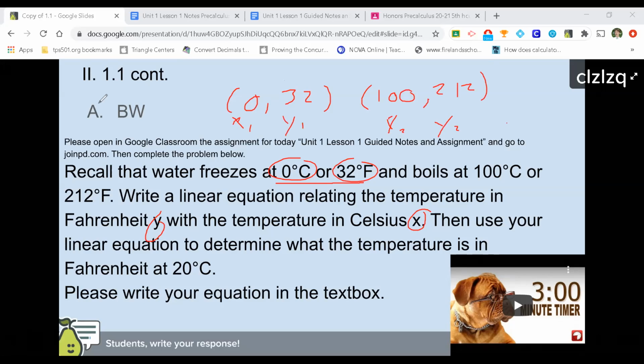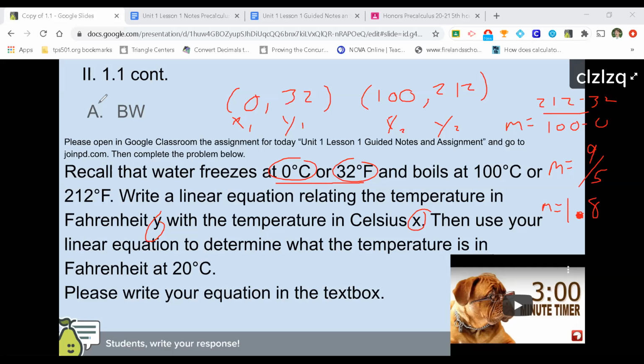Most of you got the slope correctly. You just do the difference in the Y's, 212 minus 32, over the difference in the X's, 100 minus 0. That reduces to 9/5 or 1.8. I think some of you, when you were typing, you put 18 instead of 1.8. But I knew what you meant.